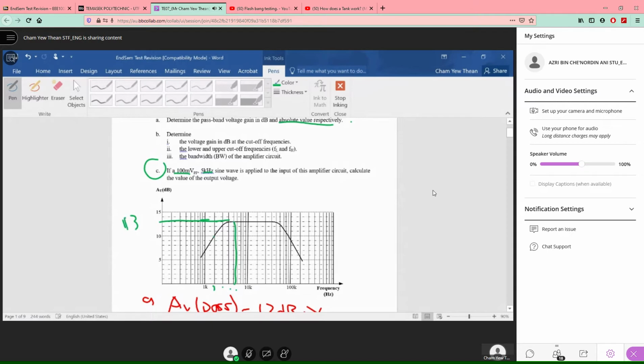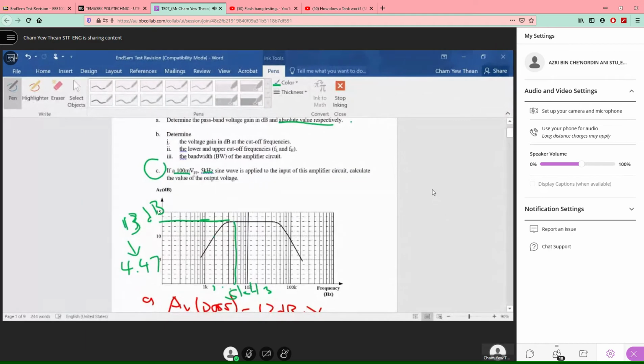Your gain is 13 dB, correct or not? At 5 kilohertz, if you look at the graph, your gain is 13 dB. So what is the absolute gain? At 13 dB, if you do an inverse log, it is 4.47, right?